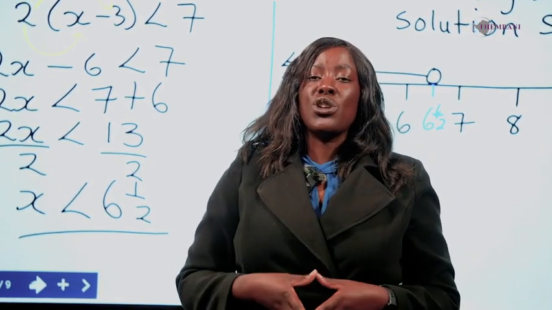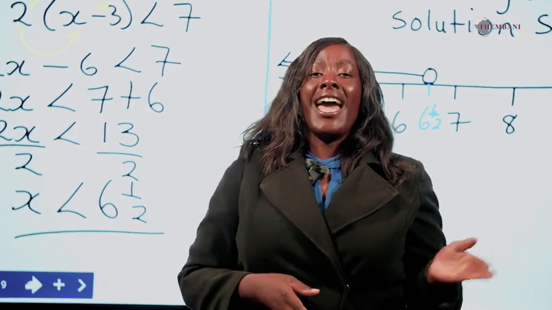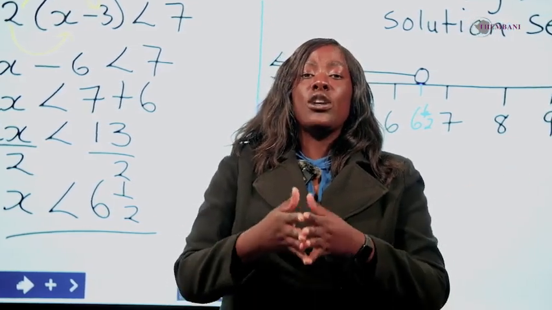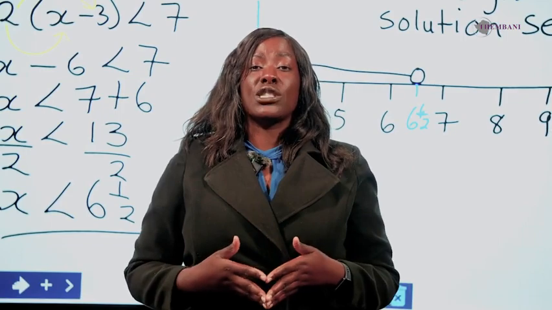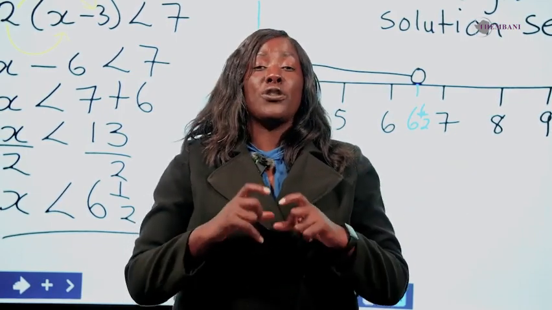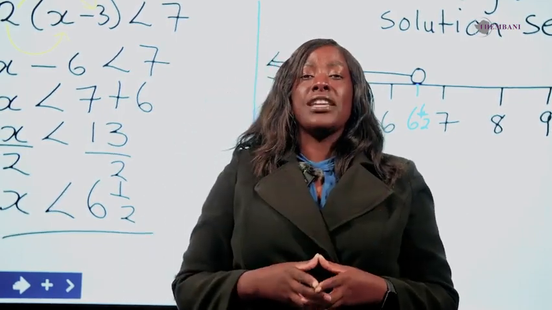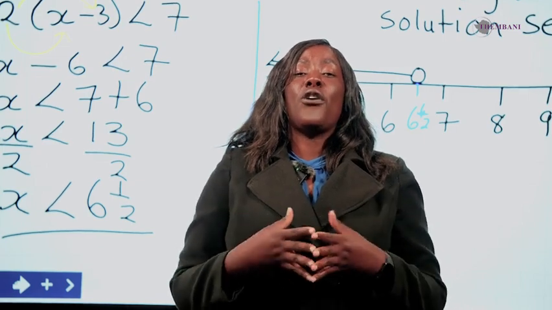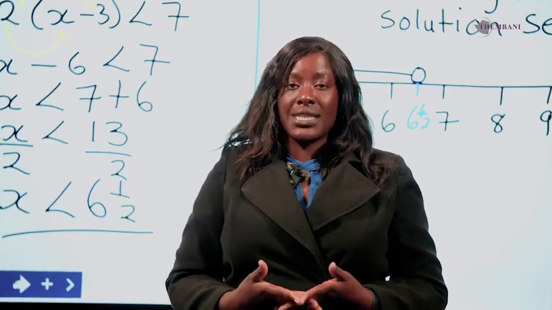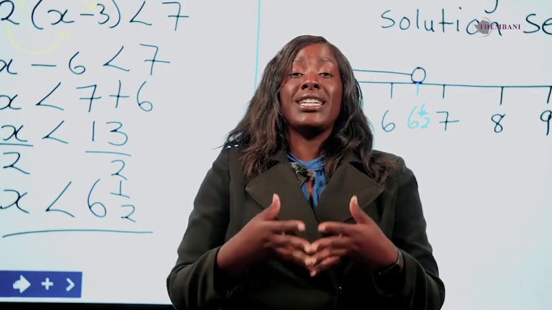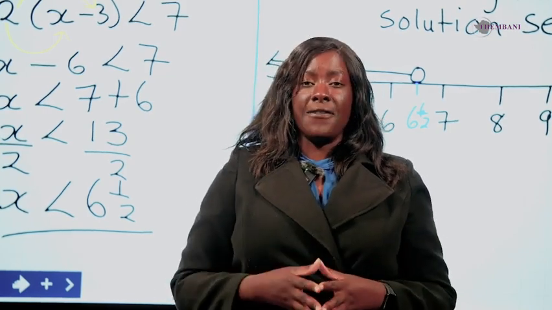So our focus is not on fractions, it's on positive and negative whole numbers, including 0. So when we are writing the solution set for this question, we are going to focus on integers only, because if we write the solution set of all the numbers, we won't be able to exhaust them.